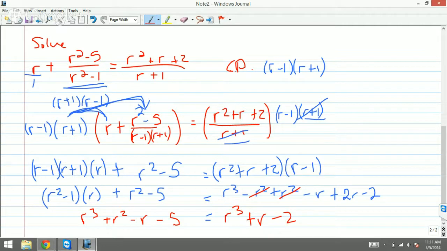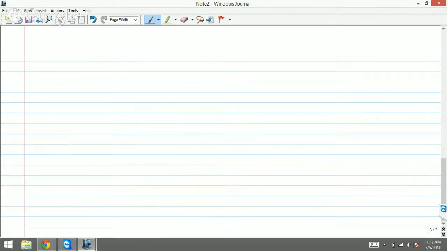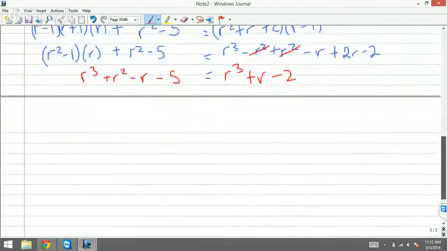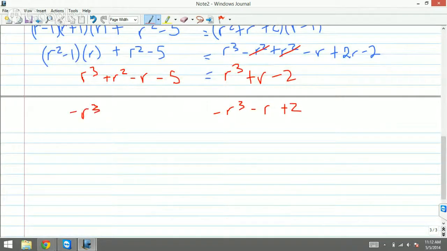Are we clear on this step? Simplifying algebraically? Sure. Now, I'm going to move all that stuff over here.